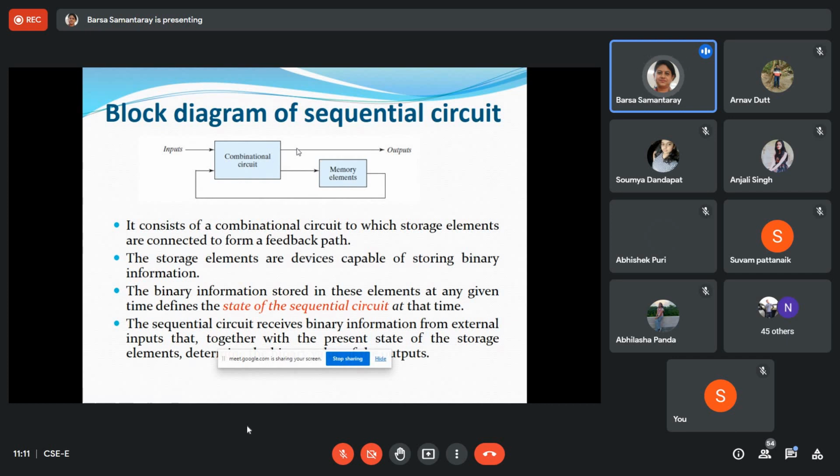For the next output, which inputs are responsible? Hello? For the next output, which inputs are responsible?